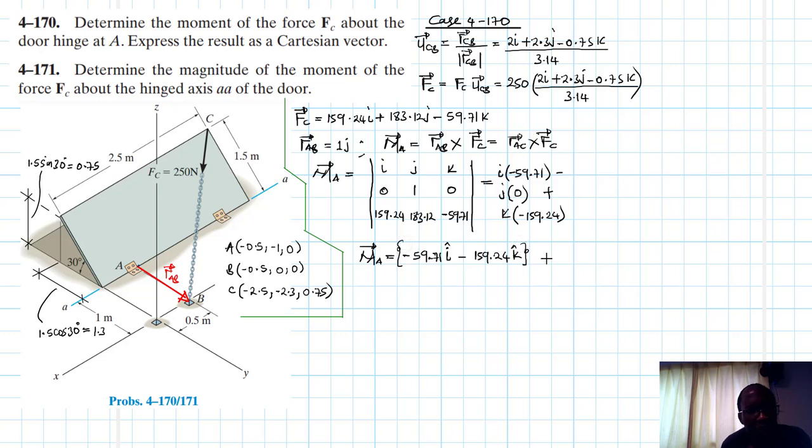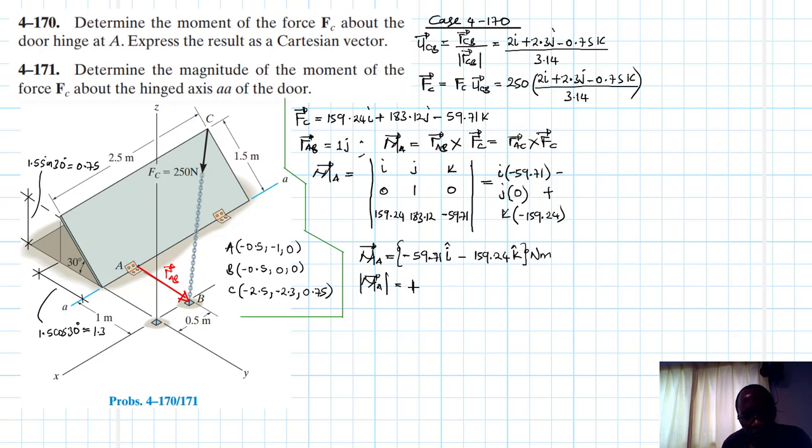And the units for this are Newton meters, and the magnitude of this is just going to be equal to the square root of 59.71 squared plus 159.24 squared.